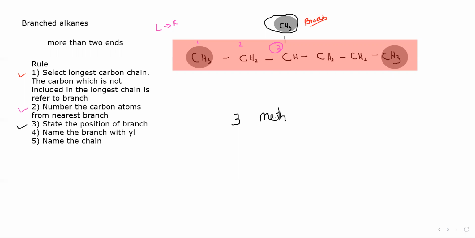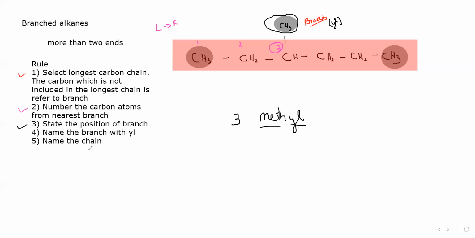So meth is for one carbon atom, and whenever there is a branch, the name should have YL. So it will be 3 methyl. Meth because of one carbon, and YL because of the branch. It means at the 3rd position, we have a branch which contains one carbon atom.